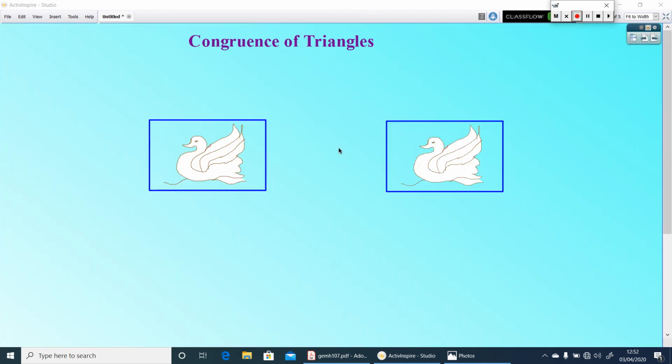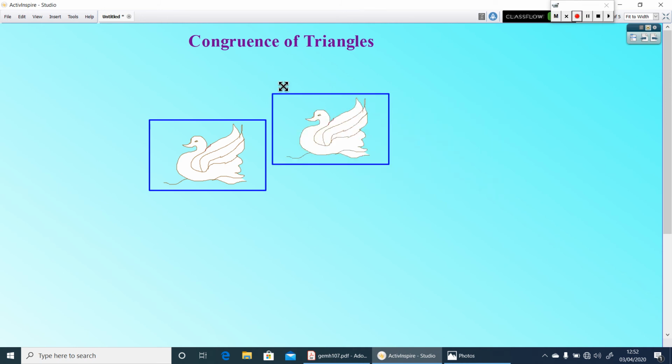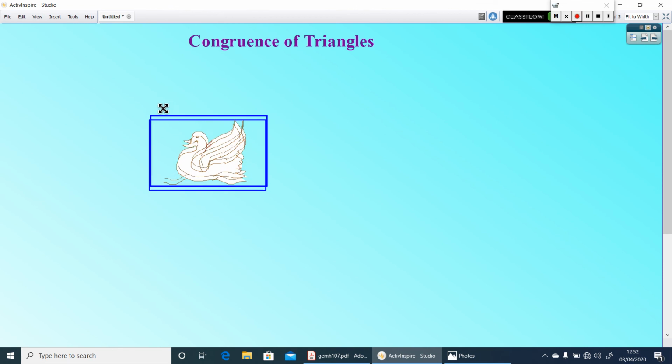Here I drew two figures. Let me take this figure and keep it upon the first figure. Now you can see one figure is exactly coinciding with the other.